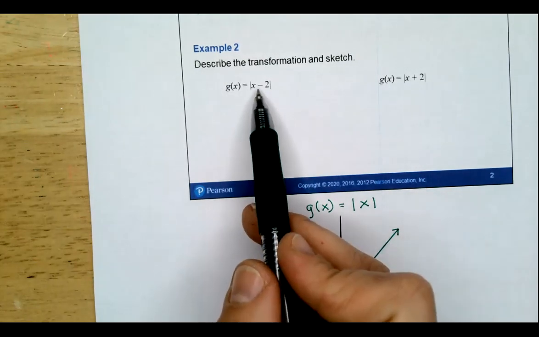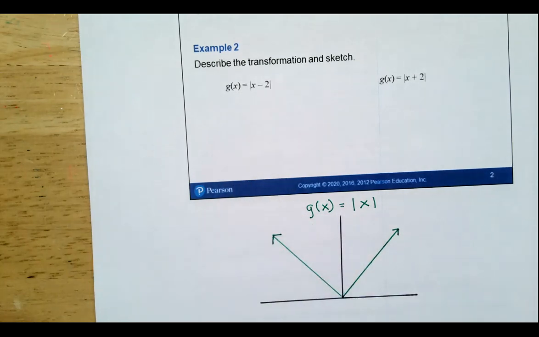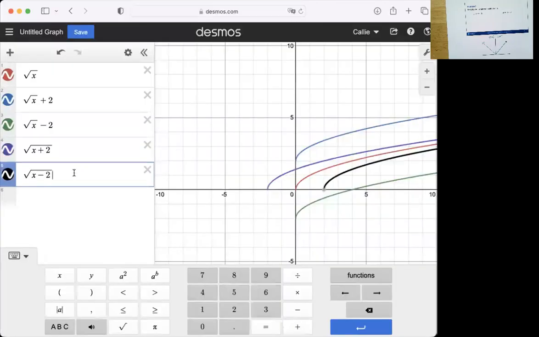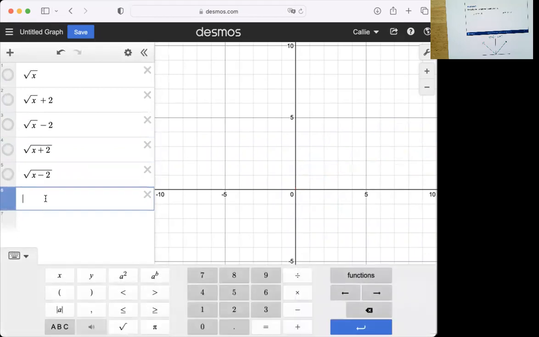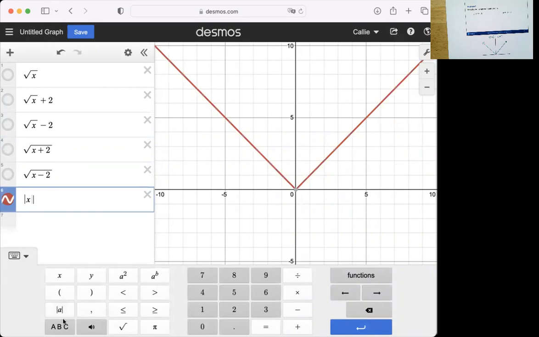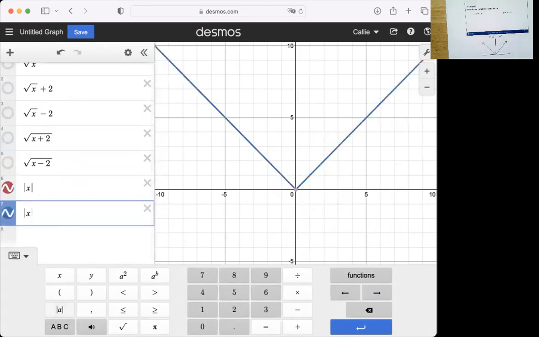Now, how does g of x equals the absolute value of x minus 2 change it? And you can go straight to Desmos. Don't hesitate going straight to Desmos, okay? So those are all our square root of x's. Here we have the absolute value of x. Let's just look at the absolute value of x, and then let's look at the absolute value of x minus 2.